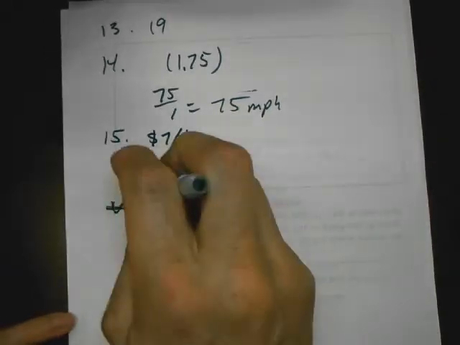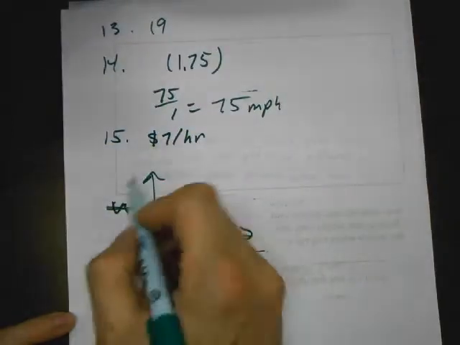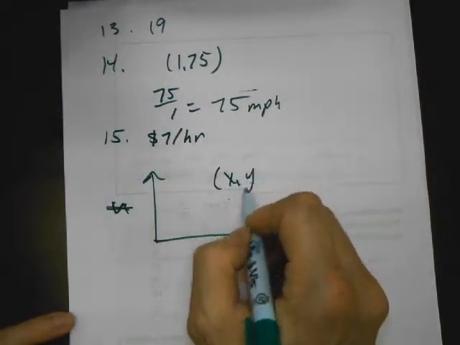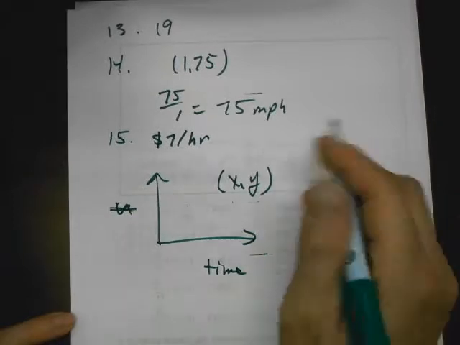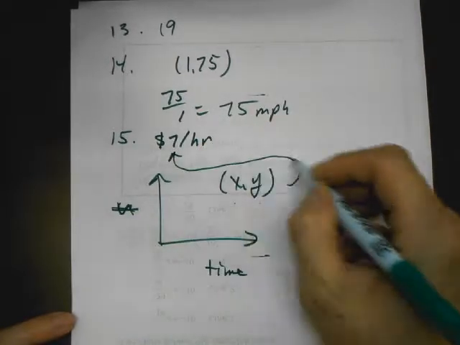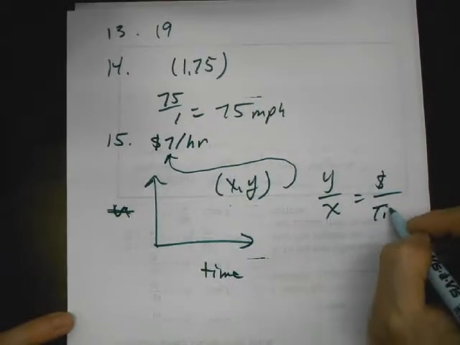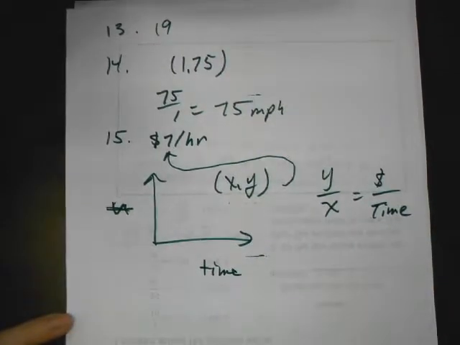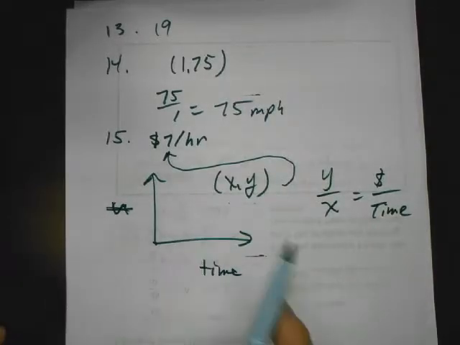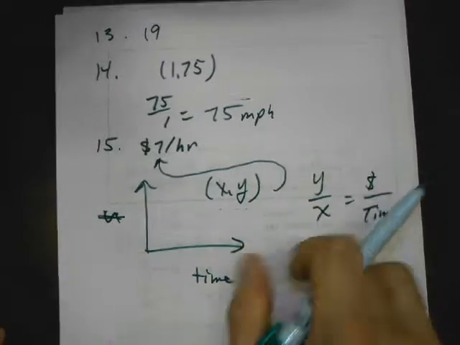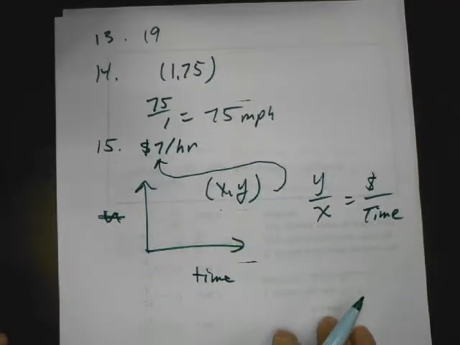All right. So on a graph, it goes x and then y. So when we get our unit rate, we put money on top, time on the bottom. So I'm going to look at these coordinates that would be on this graph that when I put y over x, I still get 7.